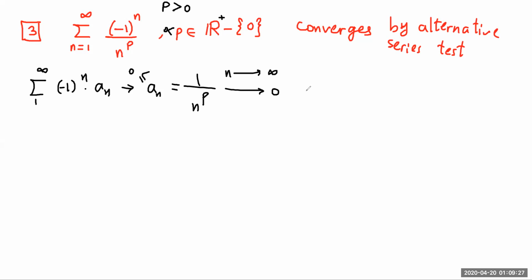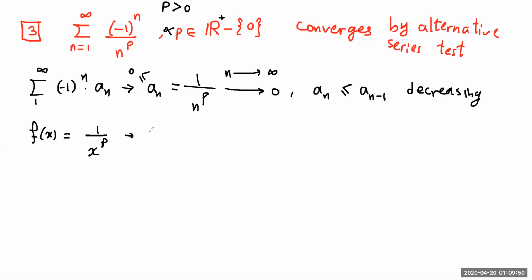Now the first condition is satisfied. The second condition, a_n less than or equal to a_(n-1), so decreasing. This is correct. Why? Because if I take the function f(x) equals 1 over x to the power b, what is the derivative f'(x)?